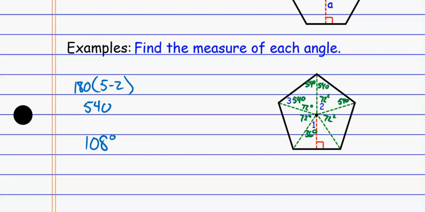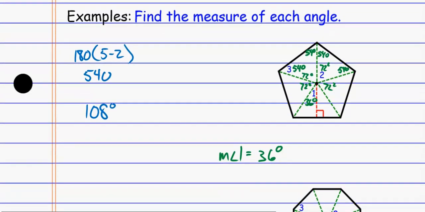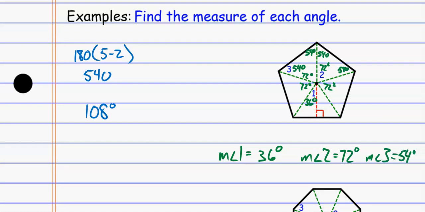Okay? And so expanding back out here, the measure of angle 1, well, that was 36 degrees. The measure of angle 2 was 72 degrees. And the measure of angle 3 was 54 degrees. Okay?